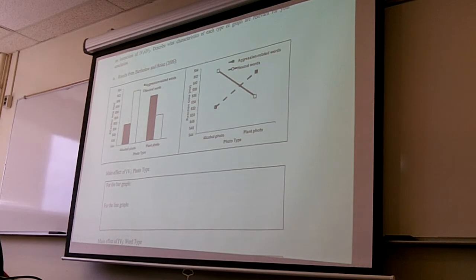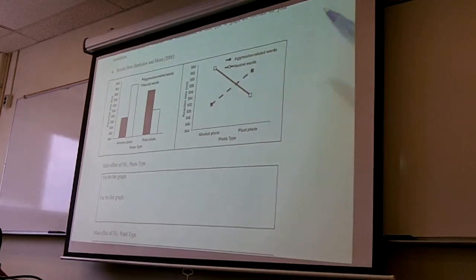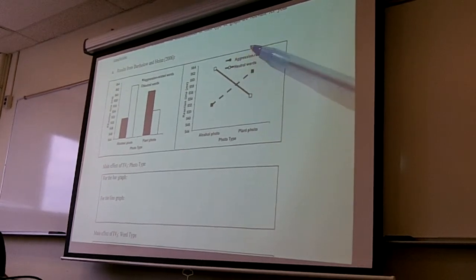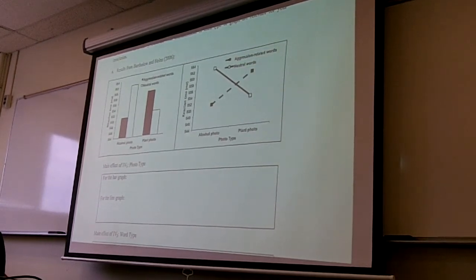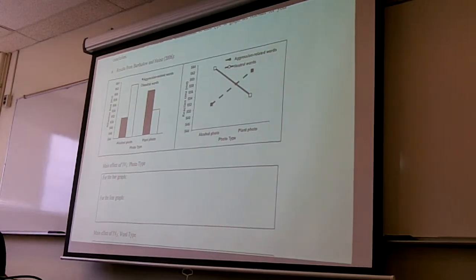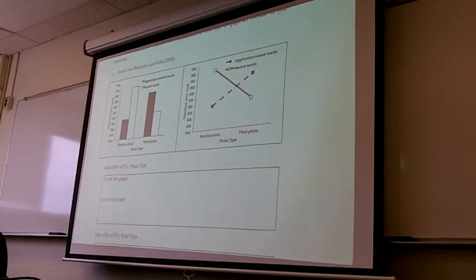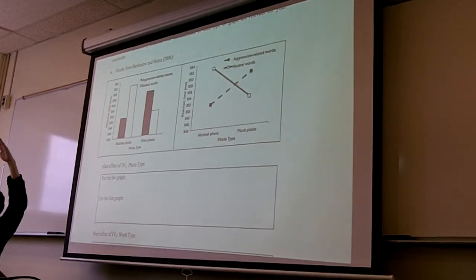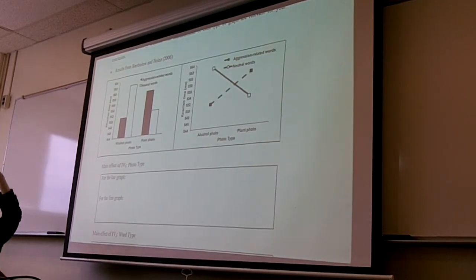It's possible, but what about over here? What do I use if I'm trying to figure out if there's an effect of the variable in the legend when I'm talking about a line graph? The distance between them. Now think about this. How far apart are they? They're kind of apart and then together and then apart and then together.